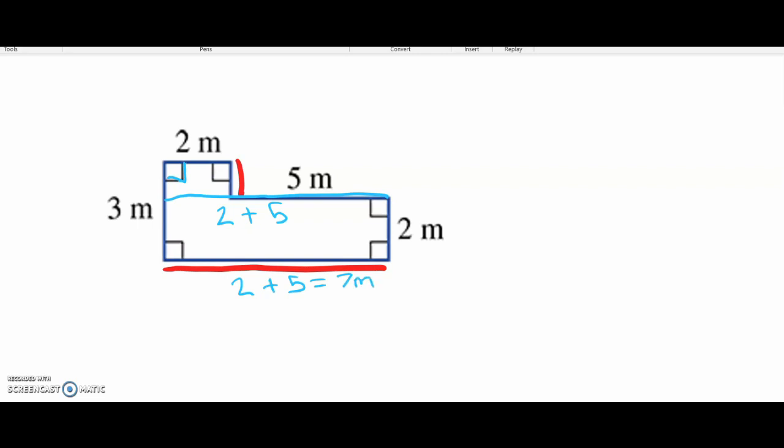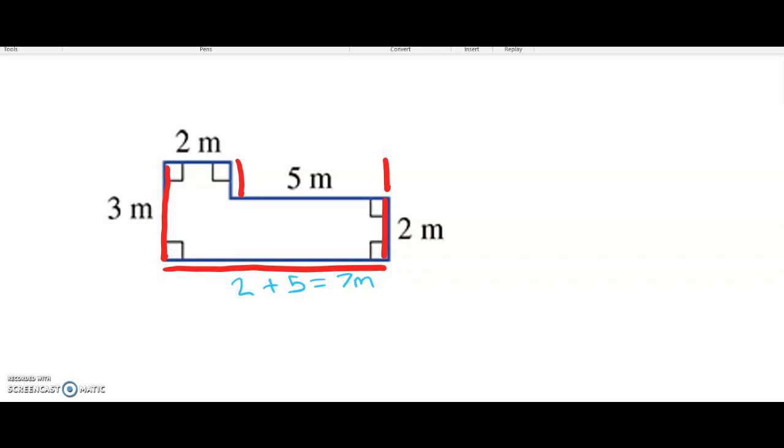Okay, so we found that the bottom is 7 meters, and we can also do the same for the other side. I'll just rub these out really quickly. We can see that one side is 3 meters, and the opposite side only has 2 plus the remainder, whatever it is, to equal up to 3.